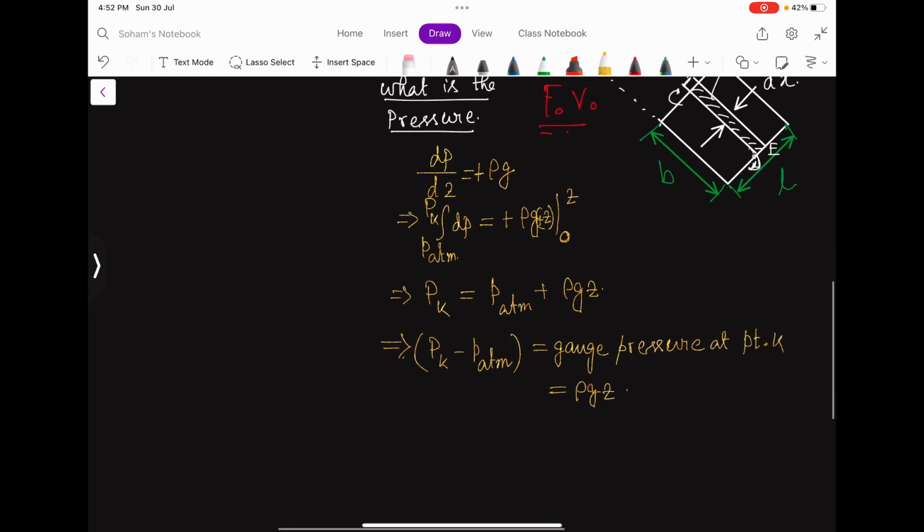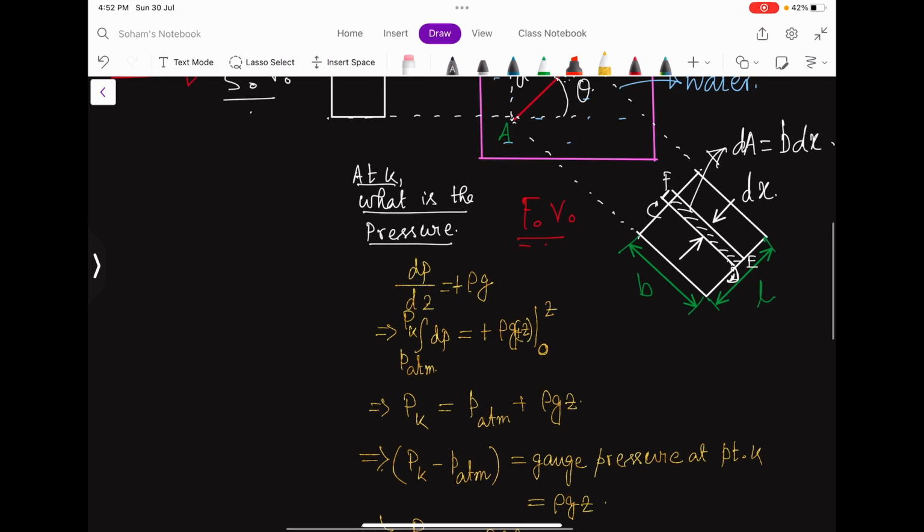So let us work with the gauge pressure PkG. Let me write it as capital G, because we have this small g here.